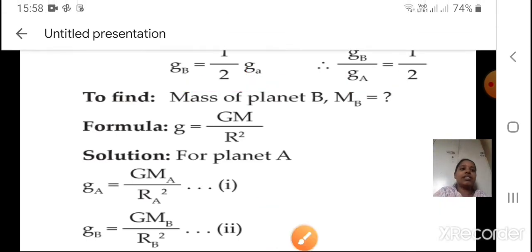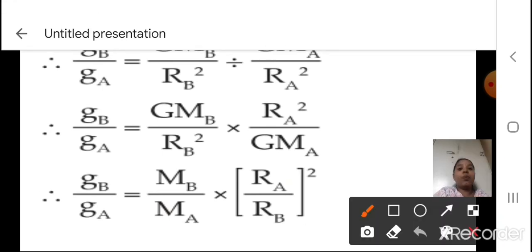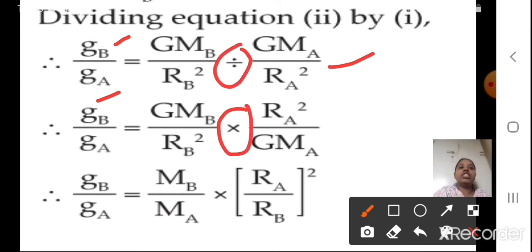Next, what we are going to do? We are going to divide equation 2 by 1. So gB upon gA. What you will get? GMB upon RB square divided by GMA upon RA square. Now this division, if I want to change it to multiplication, my second fraction will become reciprocal, so it becomes RA square upon GMA.